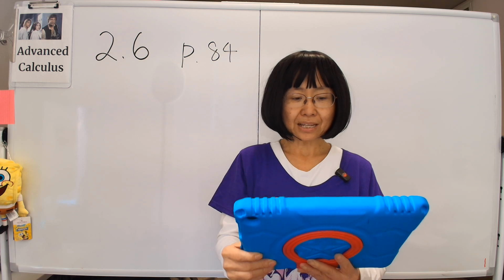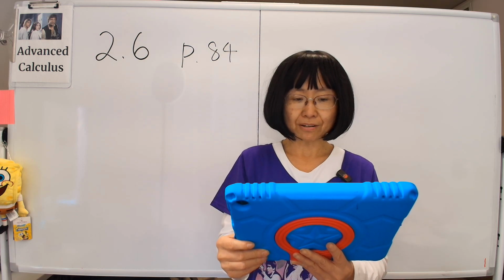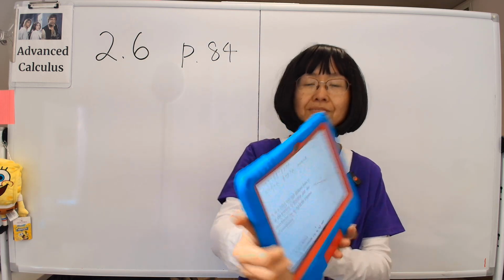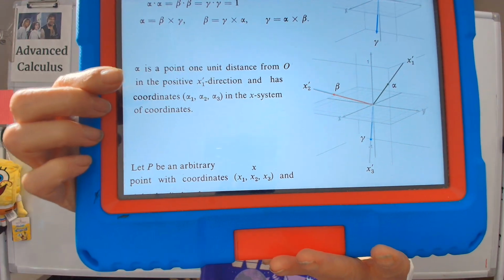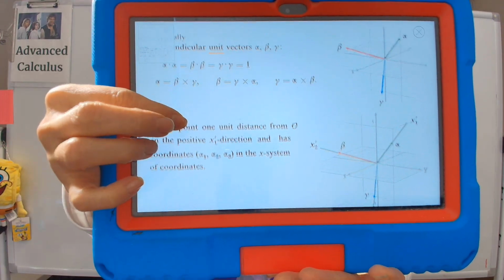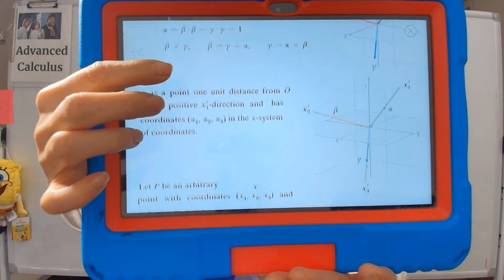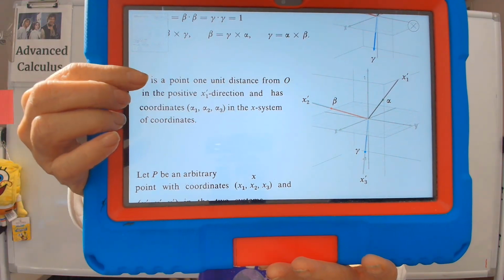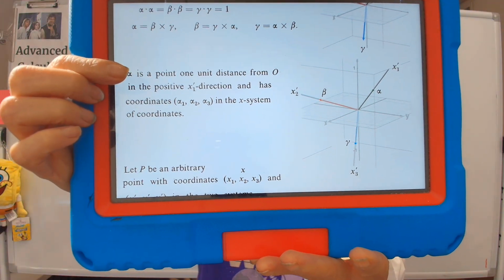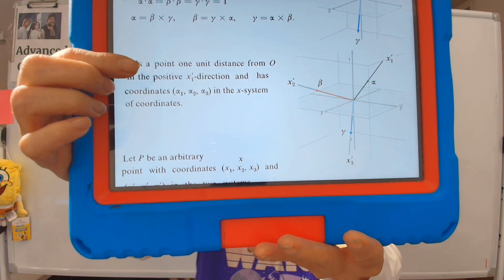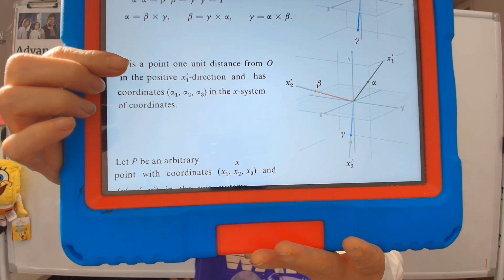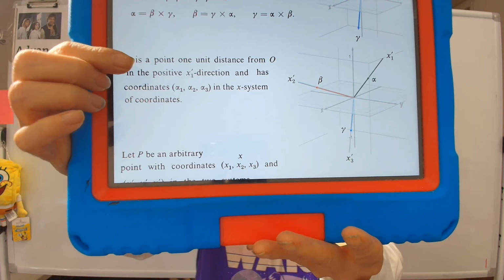All right, so next, let's consider alpha itself. Alpha, beta, and gamma are still like they were in the first picture, except that this time I'm going to draw 3 axes right along them. That is, alpha will define the new x1, we'll call it x1 prime. And beta will be the new x2 direction, and then gamma will be the new x3.